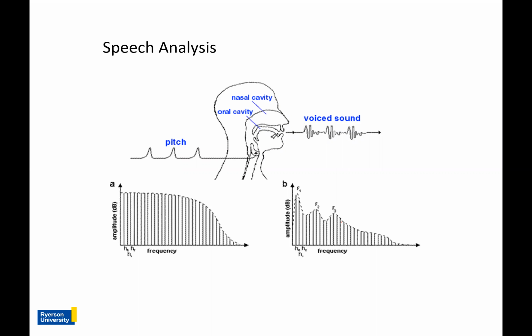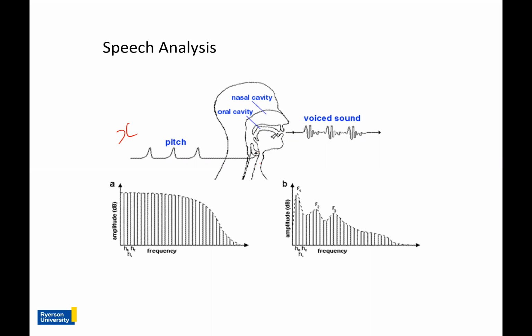Okay, so how does this work? It's pretty easy. It kind of connects to the filtering things that you saw before. Now we will see how that filtering is happening naturally in the human body. So what's shown here is that in the speech production system, there are 3 aspects. The input to the system, go back to the classical X, is kind of a pitch, a periodic pitch or periodic impulse train, like what you're seeing here.